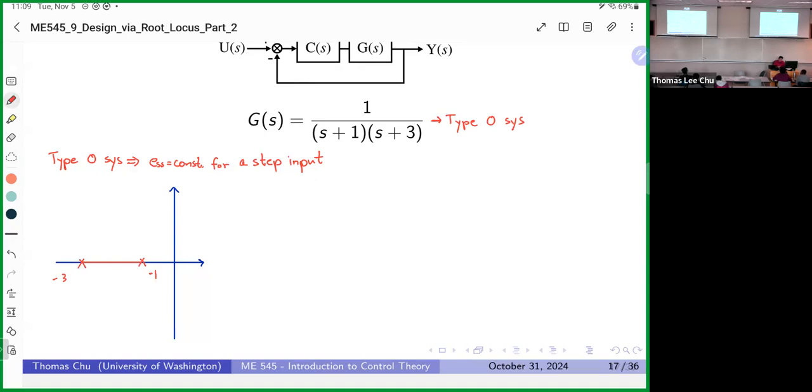Since we only have two poles, we add -3 plus -1, which is -4, and divide by 2. So our asymptote is at -2. This is what our root locus looks like, and it will look exactly like this on MATLAB.